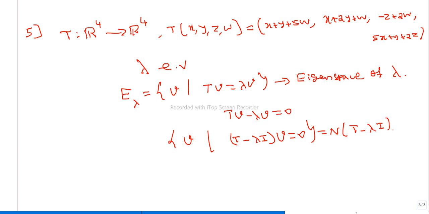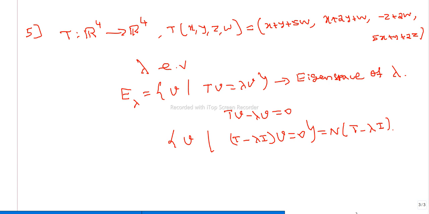If we have 4 lambdas, should we add all the eigenspaces for the dimension? If you know the one lambda, you can easily find the null space of T minus lambda I. No, actually they will ask for a particular lambda, but in the question there is some mistake, I think.